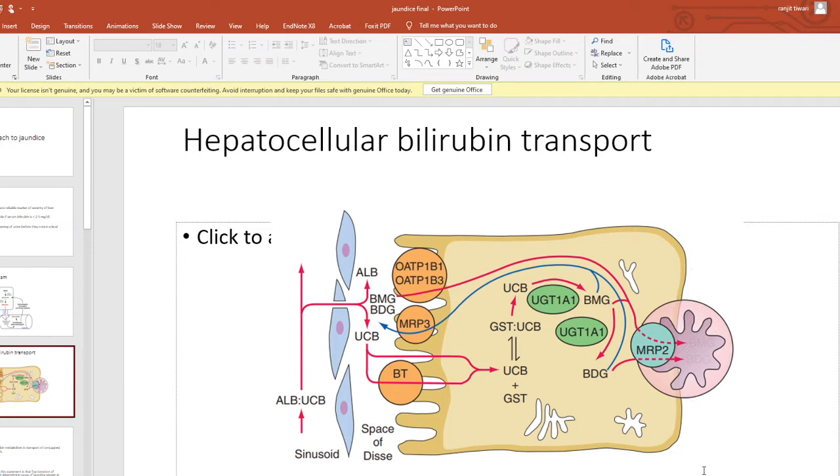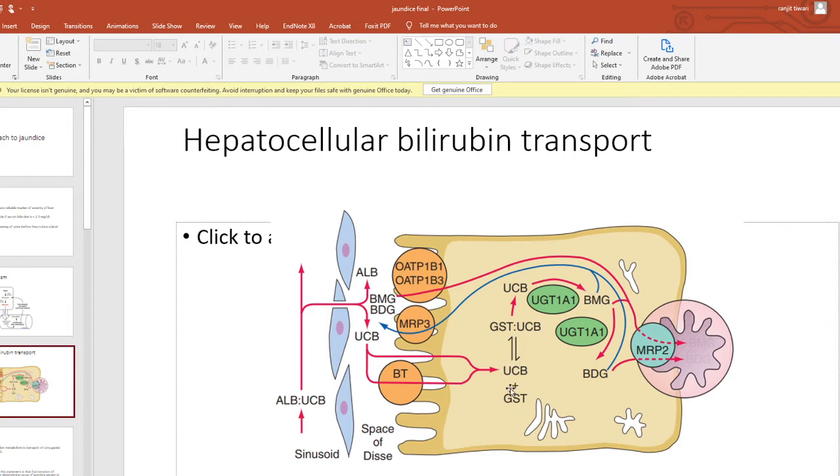Here bile flows. This is just to give you orientation. Here is unconjugated bilirubin bound to albumin, and here it is dissociated. Albumin and unconjugated bilirubin are dissociated, and bilirubin is transported by the bilirubin transporter BT and goes inside the hepatocyte.